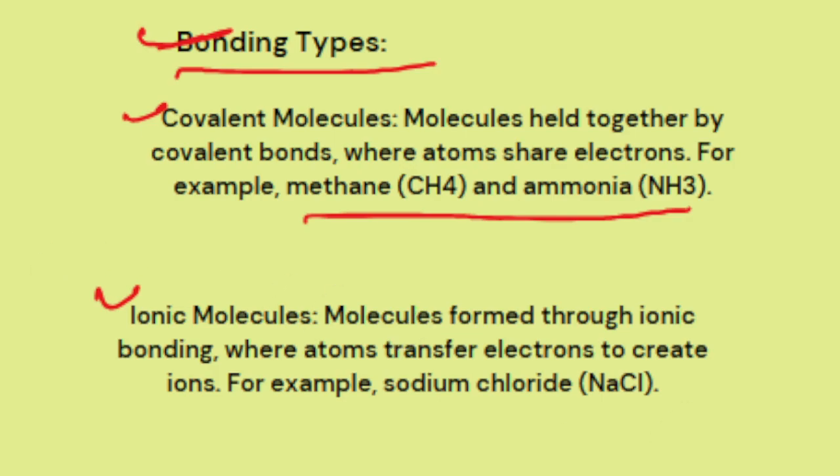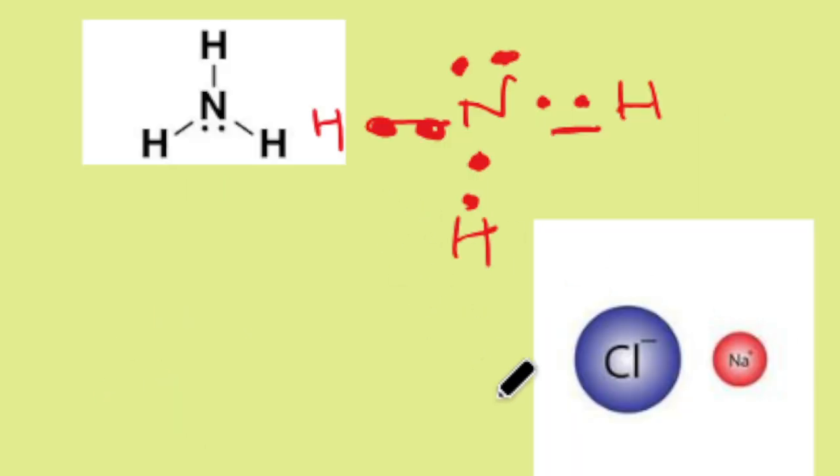The next type is ionic molecules. So what are ionic molecules? Molecules formed through ionic bonding, where atoms transfer electrons to create ions. For example, sodium chloride, a simple example. Here sodium represents a positive charge and Cl represents the chloride anion with a negative charge. How do they make these charges?